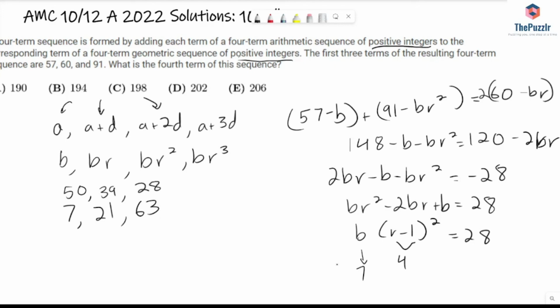And this makes sense because now each term is going down by 11, so this is also an arithmetic sequence. So this would become 17, and this one we would multiply by 3 again to get 189.